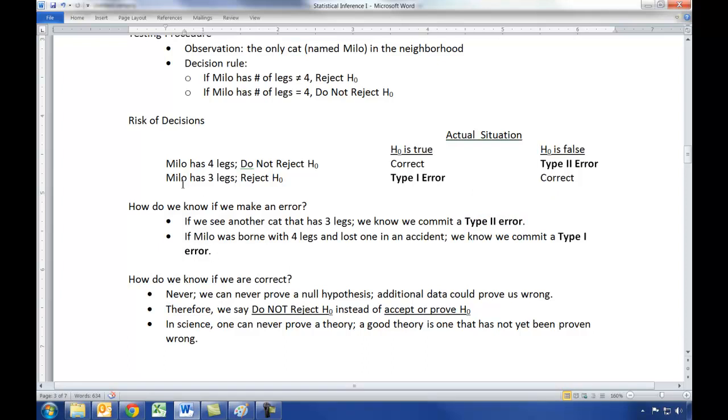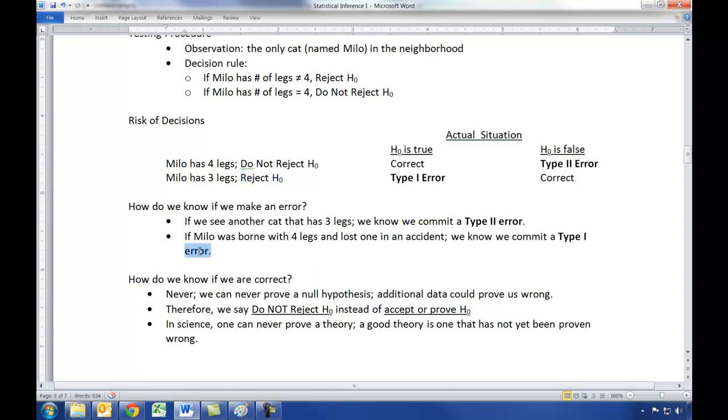And then if Milo has 3 legs, that leads us to reject the null hypothesis. And that is equivalent to concluding H1, which is not all cats have 4 legs.